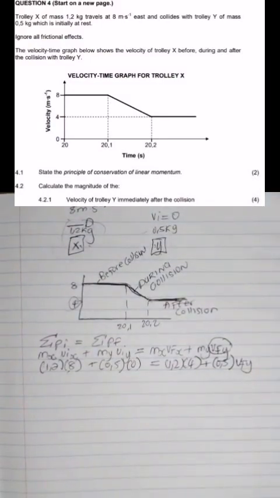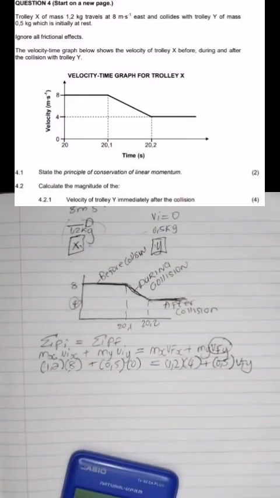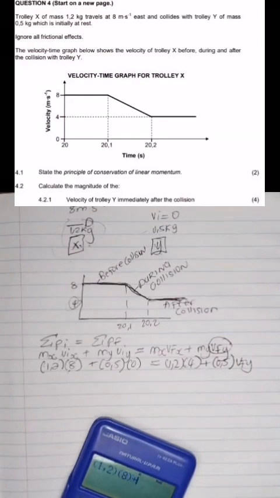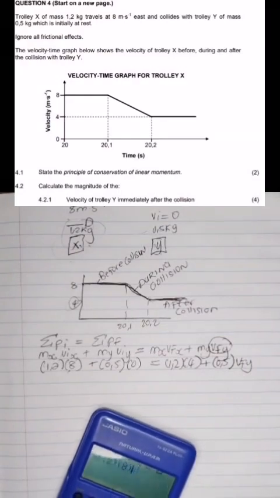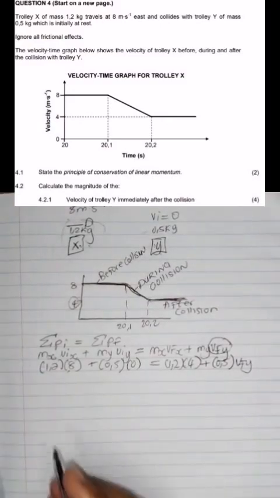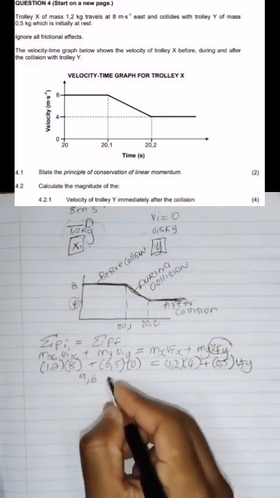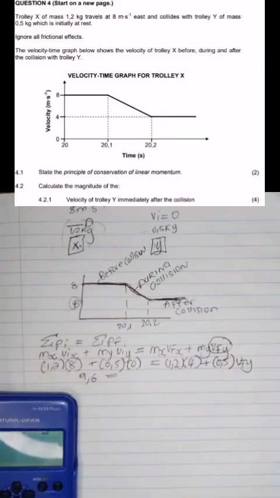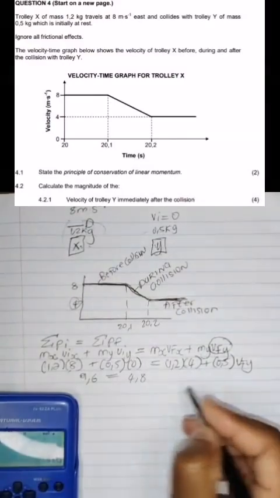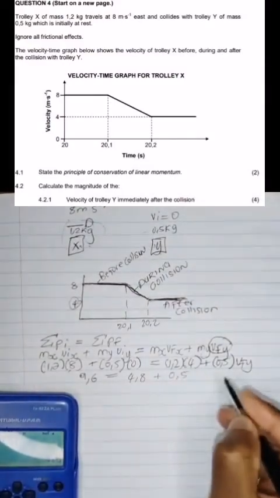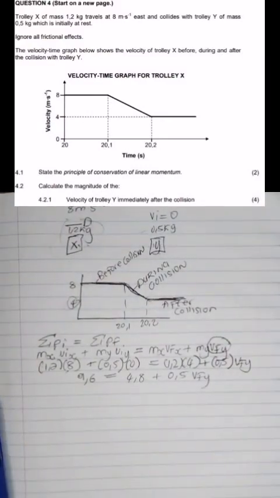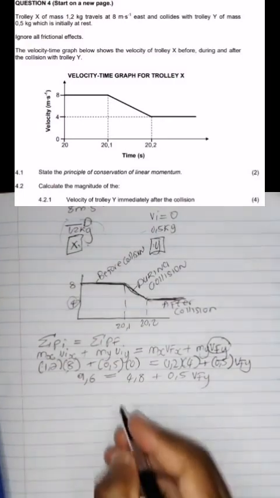After that, you just do your maths, punch in your calculator. 1.2 multiplied by 8 gives 9.6. It equals 1.2 multiplied by 4, which is 4.8, plus 0.5 times the final velocity of block Y. Then 9.6 minus 4.8 equals 4.8.